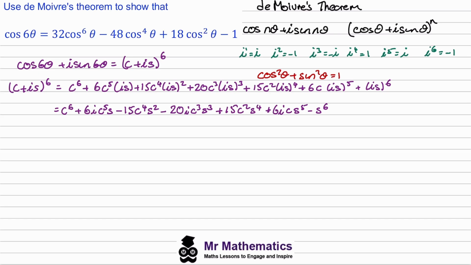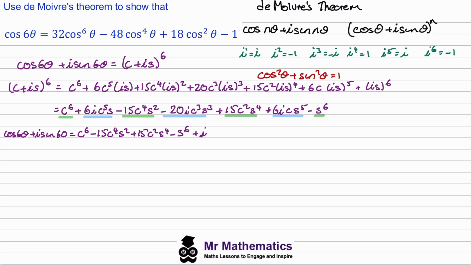If I highlight the real parts, these are the terms without the I, and then the imaginary parts, these are the terms with the I. Then cos 6 theta plus I sine 6 theta will equal the real parts plus the 15 c squared s to the 4 minus the s to the 6. And then we'll factor out the I term from each of these imaginary parts.